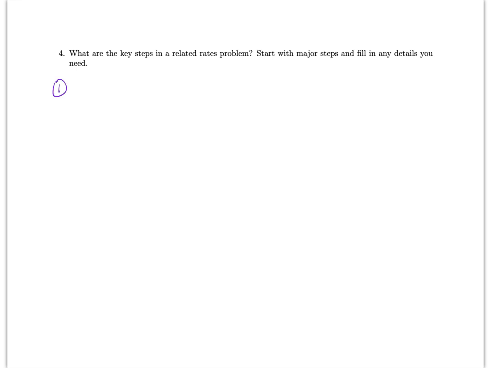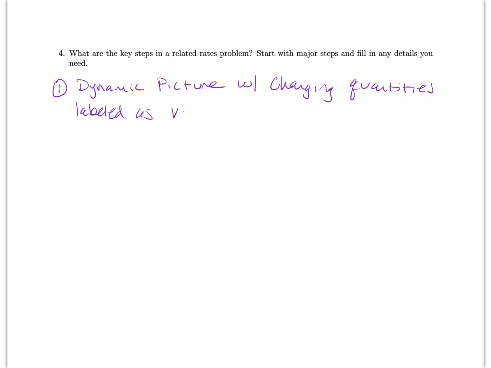First thing we want to do is draw a dynamic picture. So you draw a picture of the situation they're describing with changing quantities labeled as variables. Next, we want to identify what you know and what you want to know.